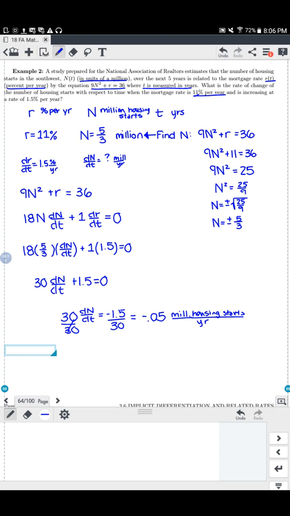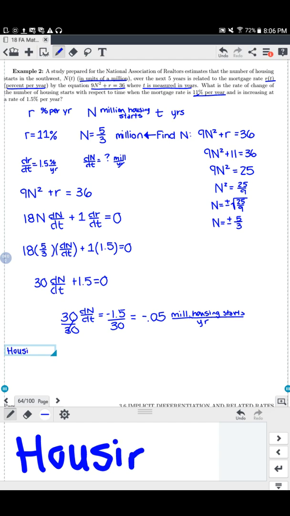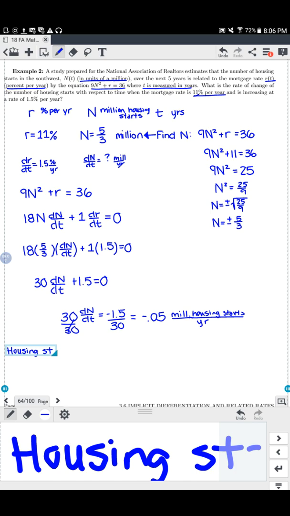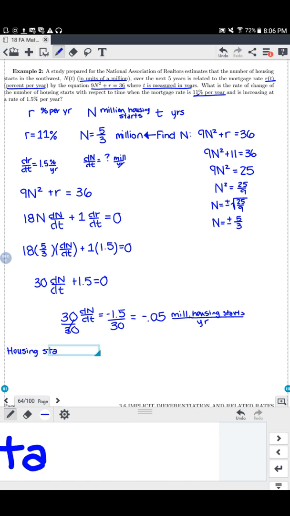So my housing starts are decreasing because they have a negative derivative, so the function must be decreasing. So what I would say is housing starts decrease. Housing starts will decrease by how much, really?